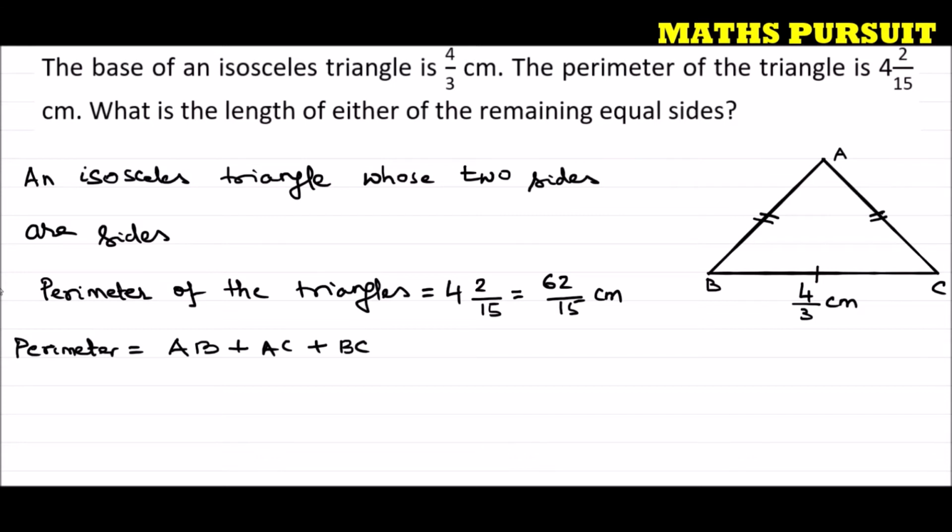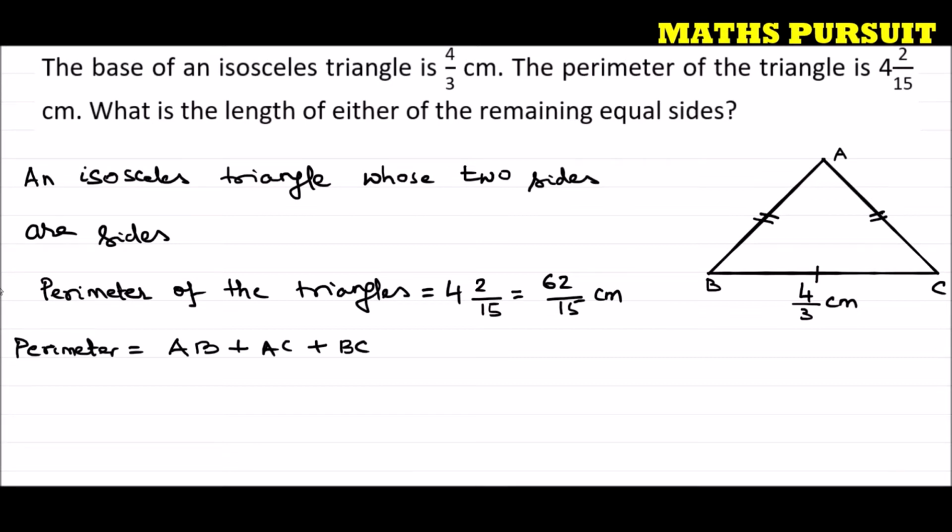Hope you understood this. In this triangle, the boundaries are AB, AC and BC.